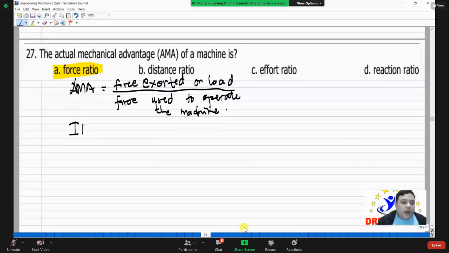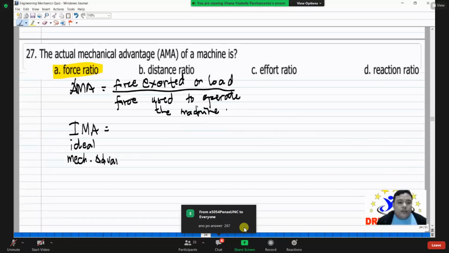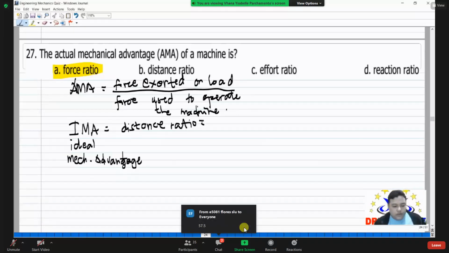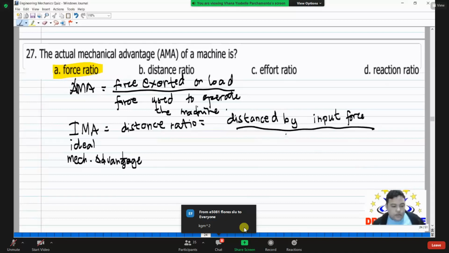We also have what we call IMA. IMA is the ideal mechanical advantage, and this is known to be the distance ratio, distance over distance. So this is equal to the distance moved by the input force all over the distance moved by the load.